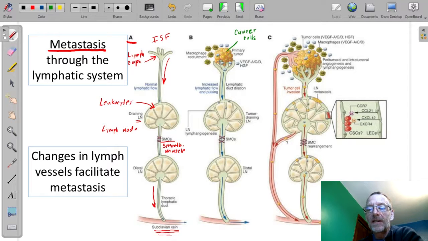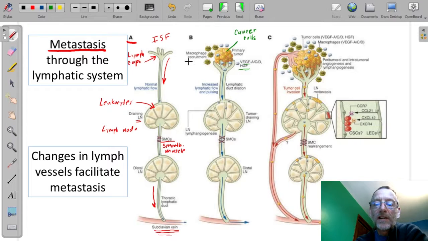But as this mass of tissue develops, changes occur. One of the things that occurs is that the lymph system is modified in a sense to spread the cancer cells. So what happens is that as the cancer develops in this area, there are signaling molecules, different growth factors. GF is typically an abbreviation for some type of growth factor. We're not going to worry about the particular chemicals here, but they are produced in the tumor.